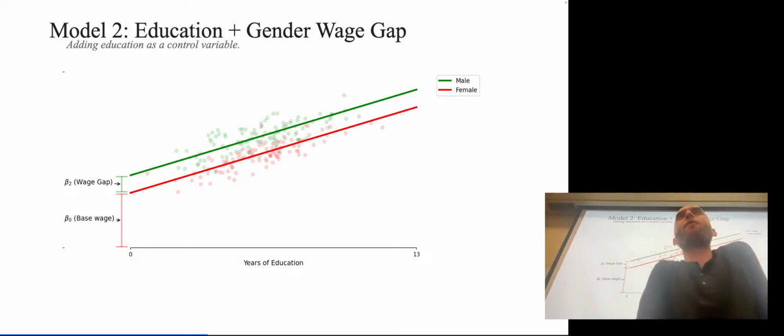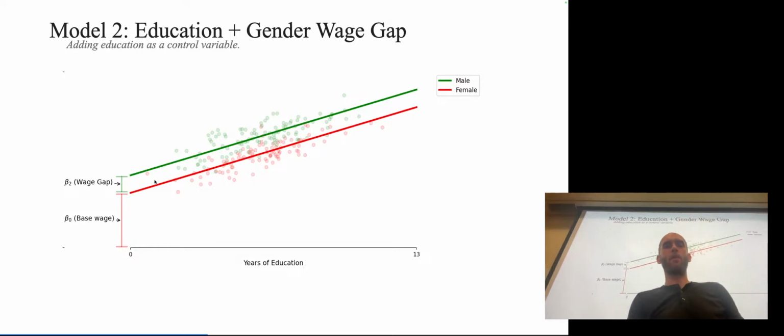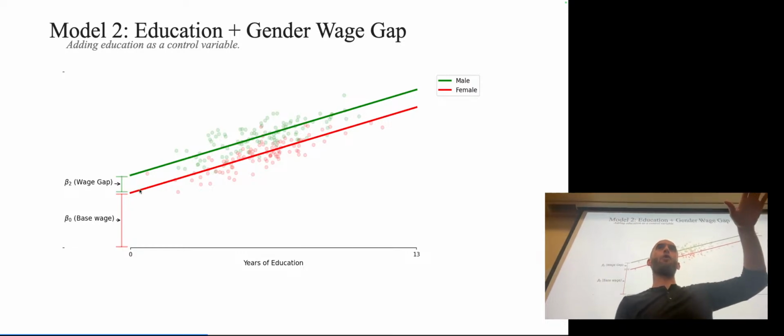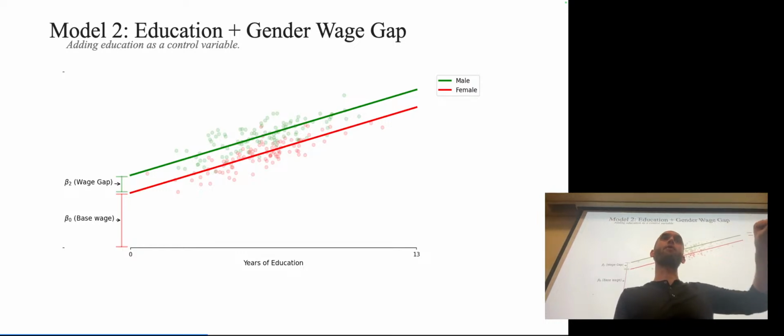So this is how we can test the presence of the gender wage gap while controlling for a variable like education. So we're going to have the possibility of a gender wage gap while still being able to account for the possibility of education impacting the thing that we're trying to find a gap in.